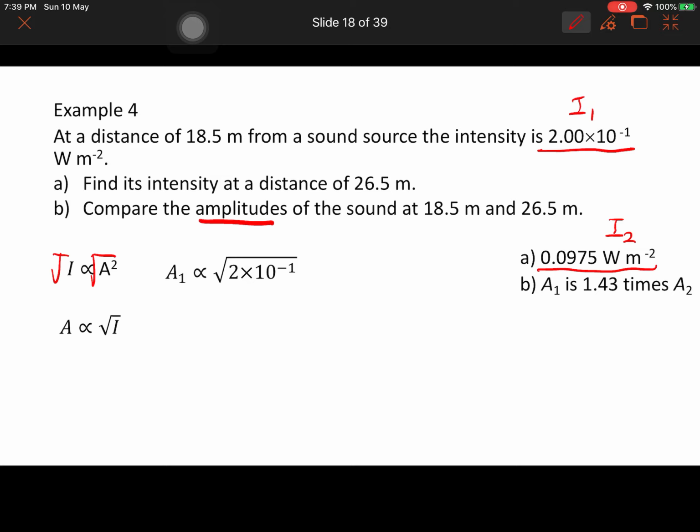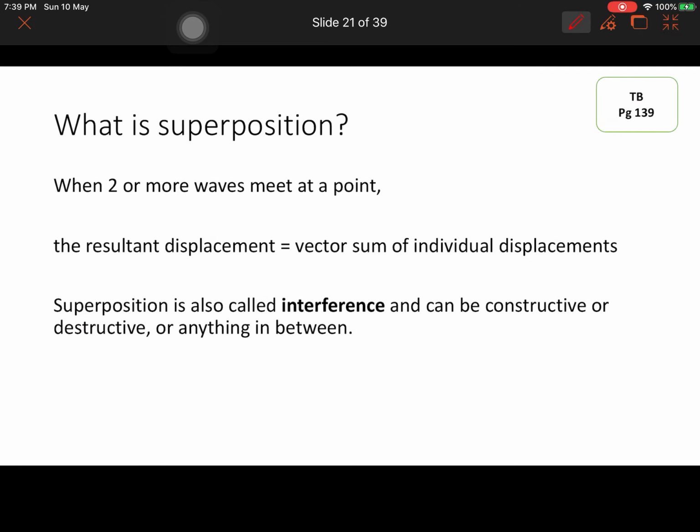So A1 is proportional to the square root of 2 times 10 to the power minus 1, and A2 is proportional to the square root of 0.0975. Then I take A1 divided by A2, which will get you 1.43. So this tells you that the amplitude of A1 is 1.43 times greater than A2.